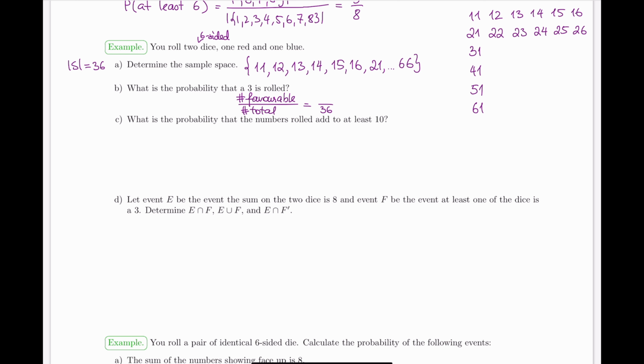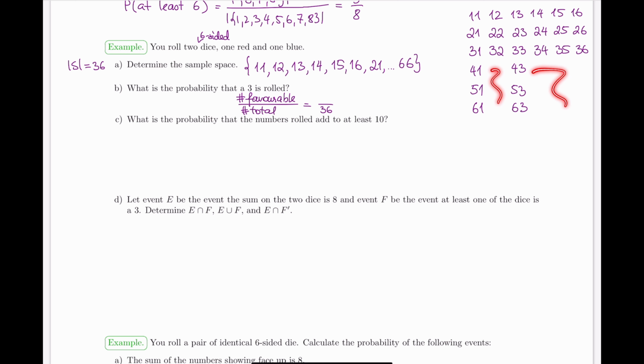So notice that for this row, everything here will correspond to a 3 being rolled on the red die. And so I can fill them out, and these are going to be some of my possibilities, everything in this row, or the 3 can be rolled on the second, the blue die, so it's going to be everything in this column, and I can fill that out so that I can visually see and count all the possibilities.